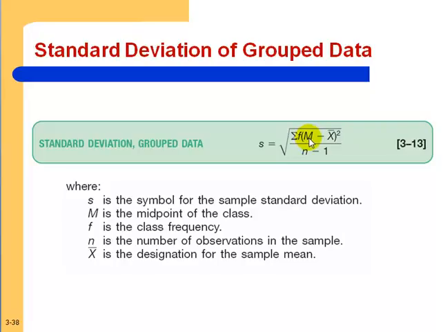And we also use the midpoint minus the mean of the data, then squared, then times the frequency, then sum them up, divided by n minus 1. N is the total number of observations.